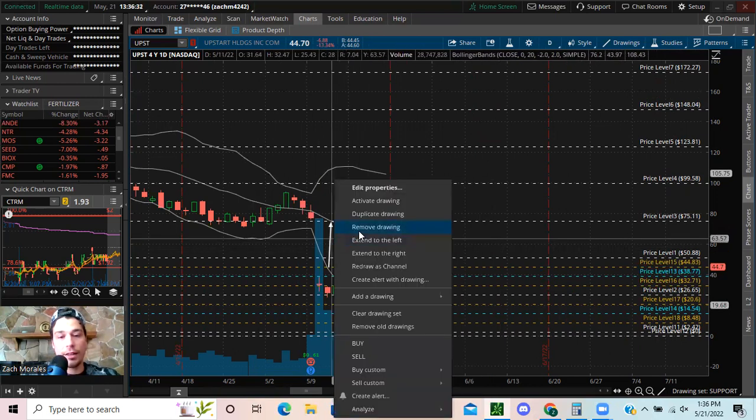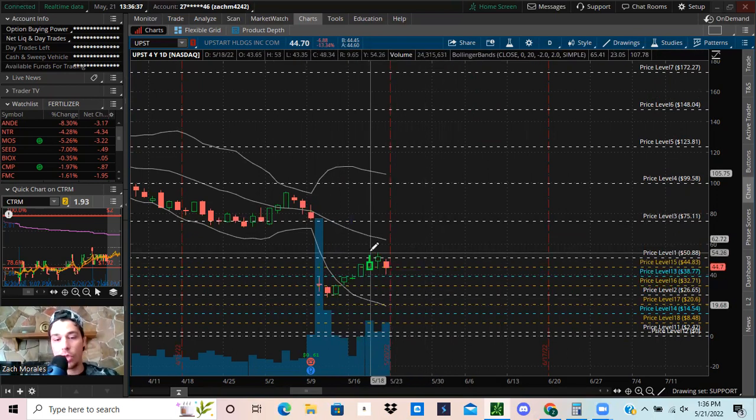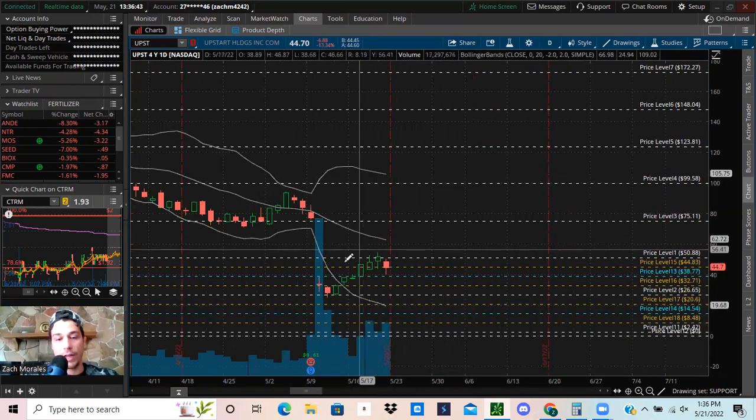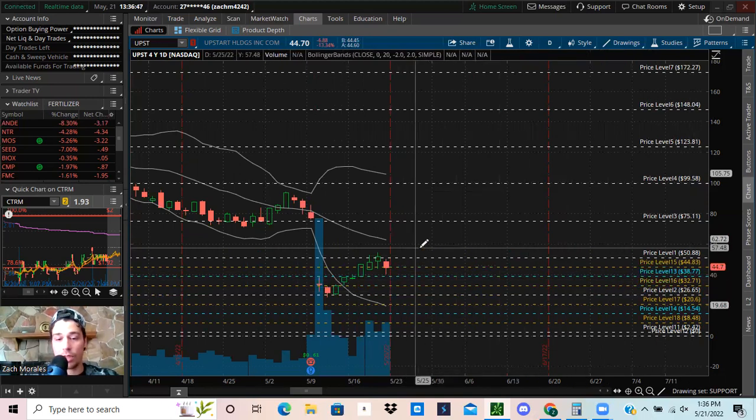So it gives you an idea, besides these support and resistance levels, of where the stock is going to start to bottom out and where it's going to start to top out. We do have these levels charted up here, which feel free to screenshot and chart up on your own.